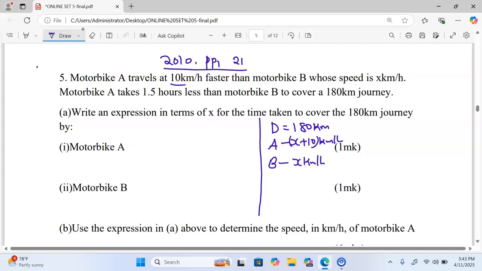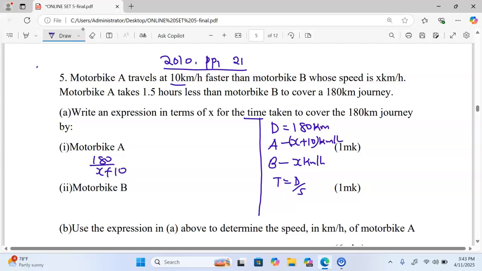We are supposed to write an expression in terms of x for time, and remember, time is given by distance over speed. So the time taken by motorbike A will be equal to the distance of 180 divided by the speed of x plus 10, and this is an expression in terms of hours.